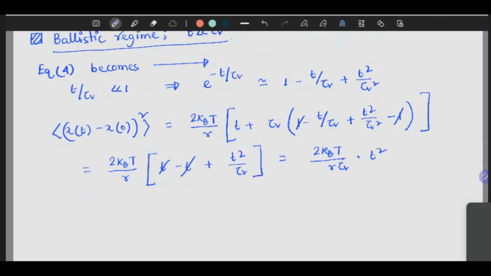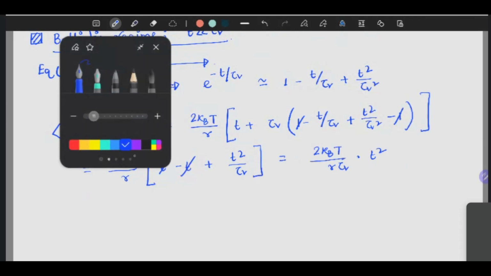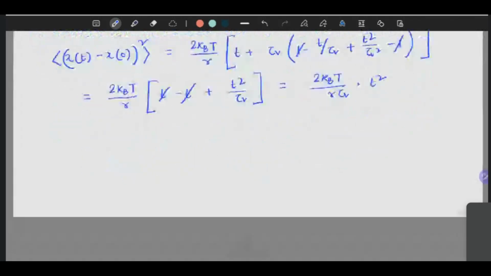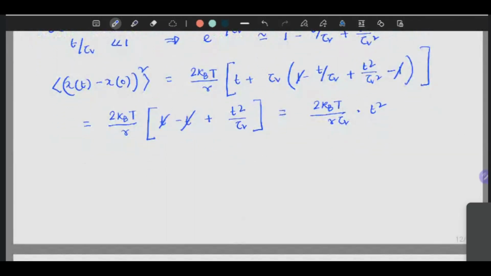So it is varying ballistically, like a quadratic power of t square, or you can write more like this, 2 kBT by gamma into gamma by m into t square.